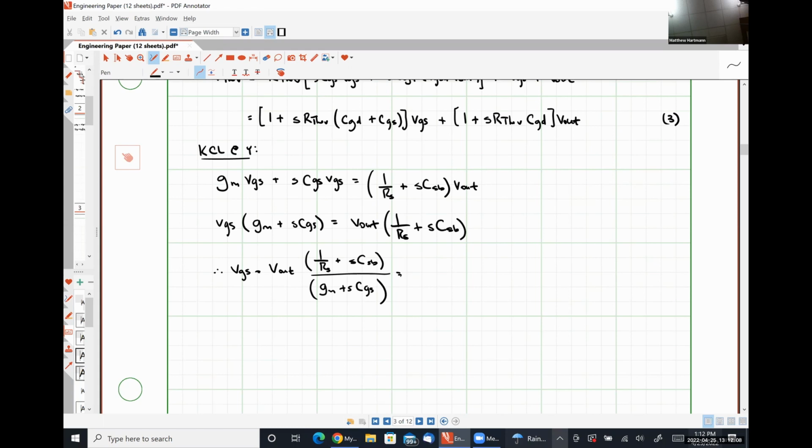So performing those two steps, multiplying the numerator and denominator by RS to clear that fraction in the numerator, and then factoring out GM RS from the denominator only, leaves me with VGS equal to V out multiplied by 1 over GM RS, multiplied by a factor of 1 plus S RS CSB divided by 1 plus S CGS over GM. And I'm going to call this 4.